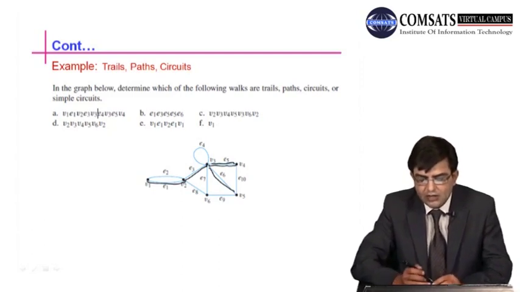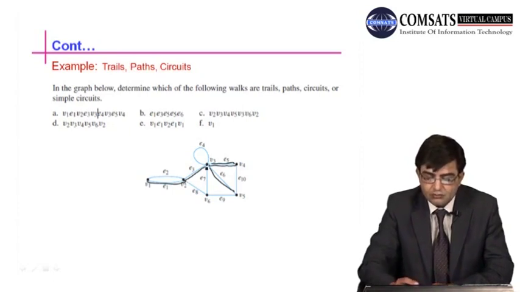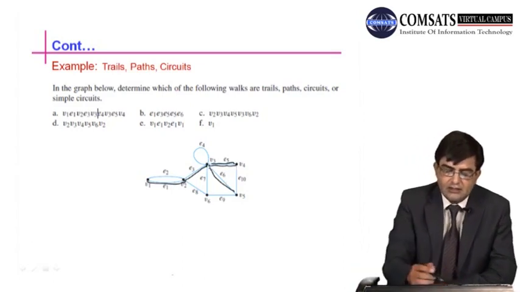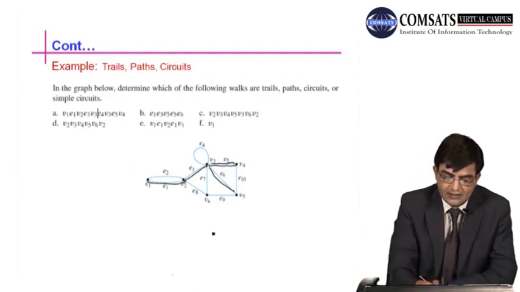So in this walk we have a repeated edge, and there must also be repeated vertices, because V2 E3 V3, and V3 E5 V4, and then V4 E5 V3, and then V3 E6 V5.